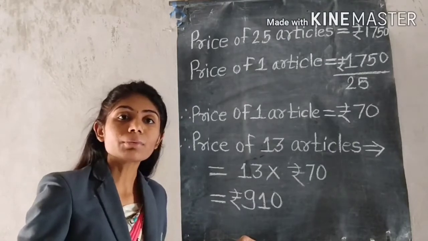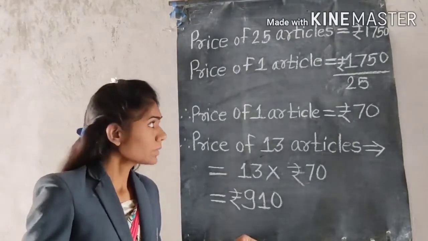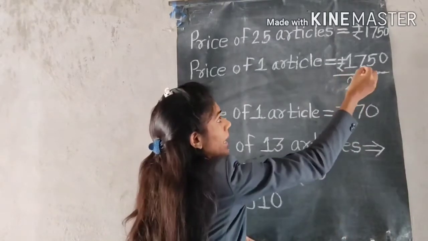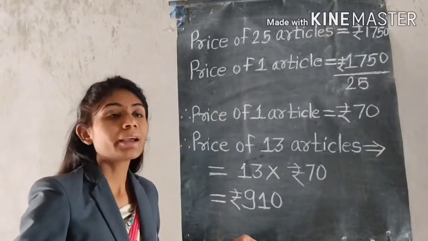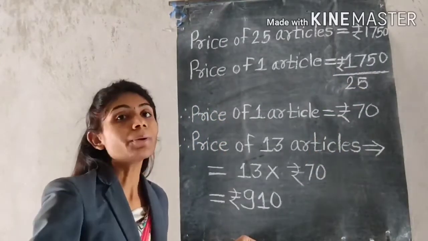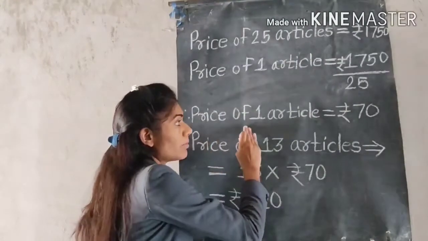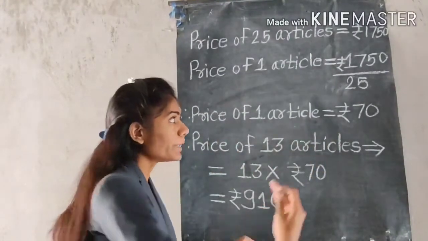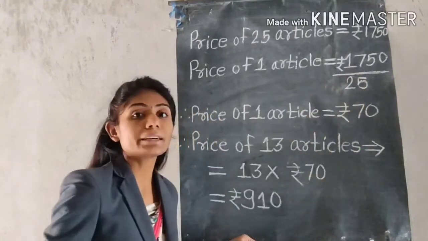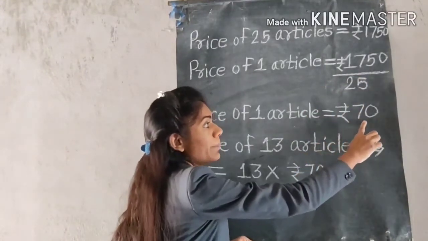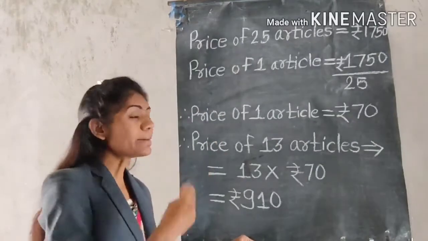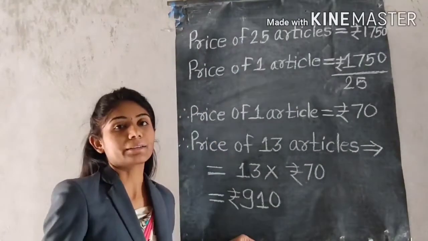So rupees 1750 upon 25 articles, from this we will get the price of one article. After division you will get the answer rupees 70. So this is the price for one article.